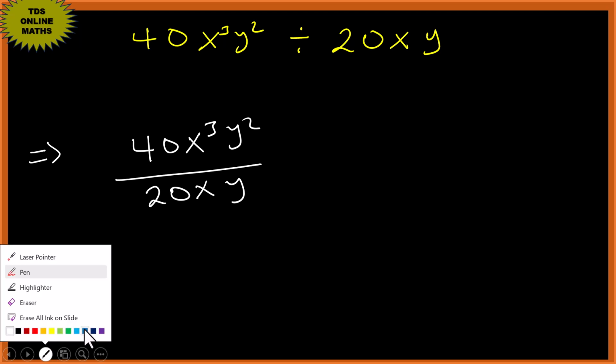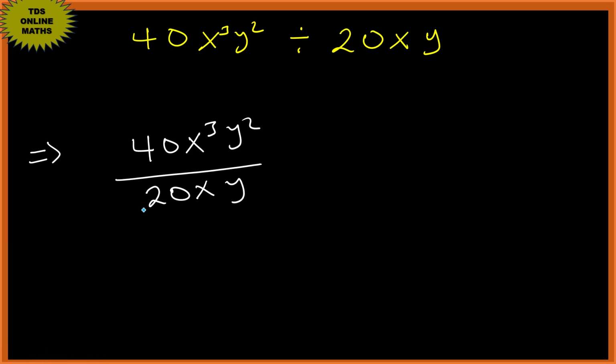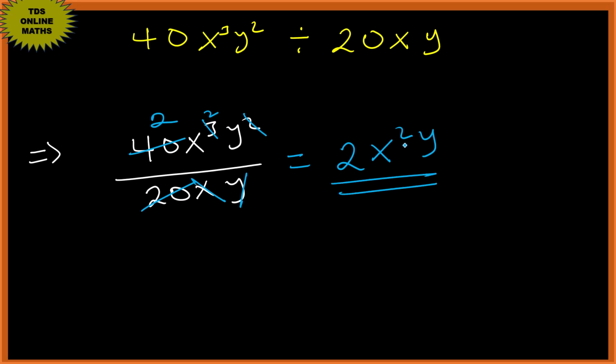Let's do the cancellations. 20 here, 2. Now x will go into this, you have 2 times, so we'll be left with 2. There are 3, so it will be cancelled. Then this one also removes one of the y's here. So we have 2x squared y as the final answer.